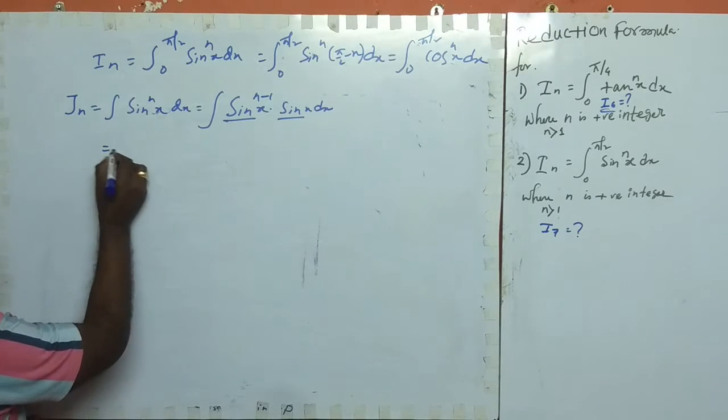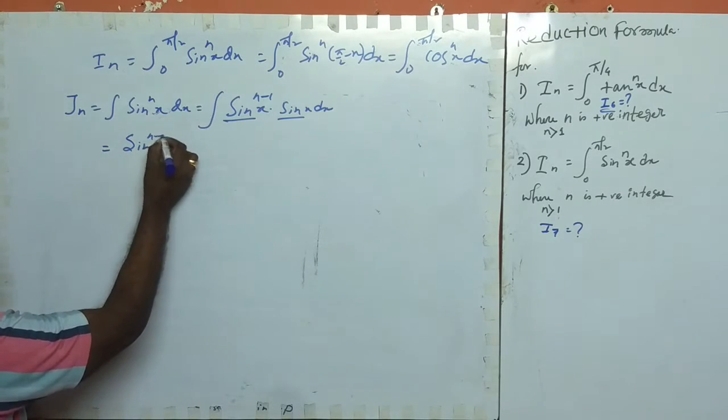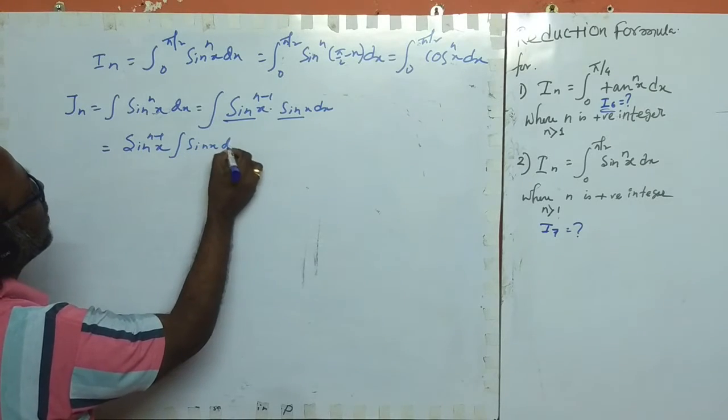So here use sin x to the power n minus 1 times sin x dx.